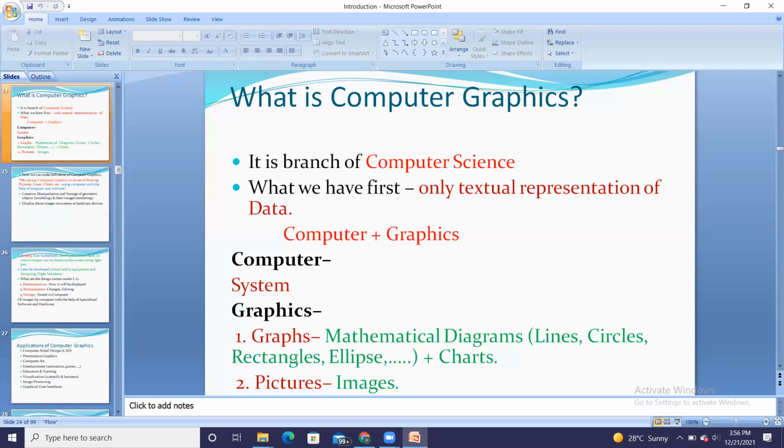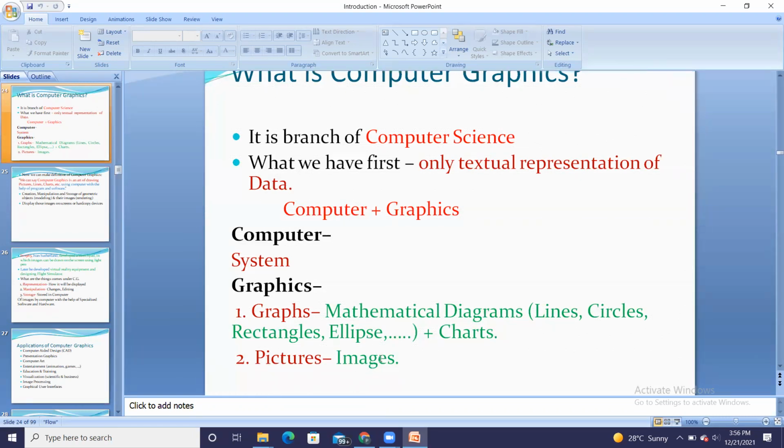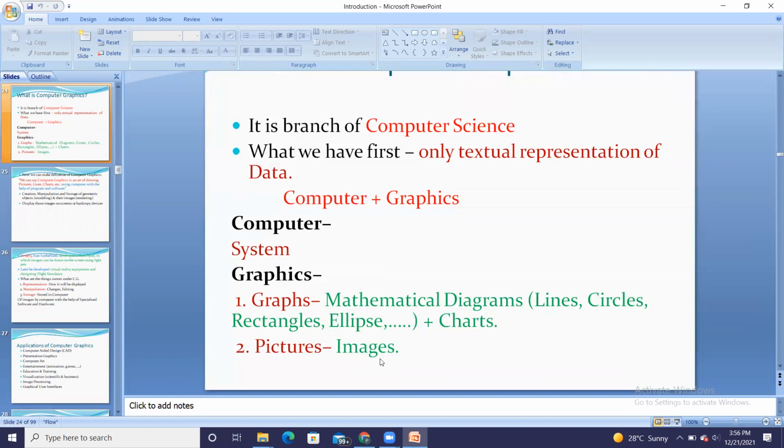Graphics format means we can represent it with mathematical diagrams like lines, circles, charts or graphs, or in terms of pictures or images. So we are going to represent our data, which was earlier represented in text or table format, now in graph or picture format.